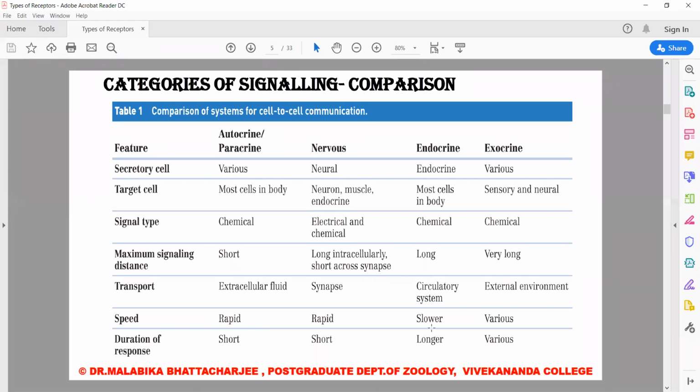This is much slower because it's moving through the circulatory system and takes time. And the response, this is another important thing. Immediately after receiving the stimuli, the response is very fast. Here you can see the response is much longer. The response will take time.